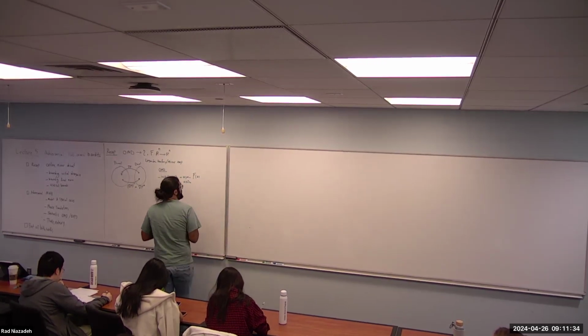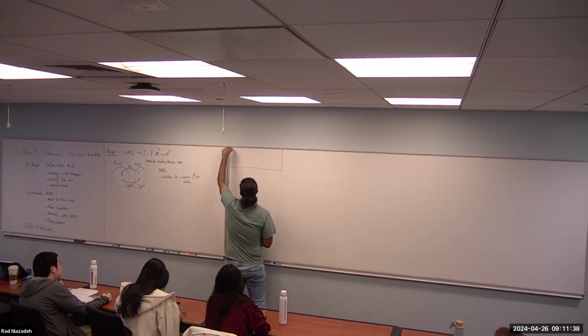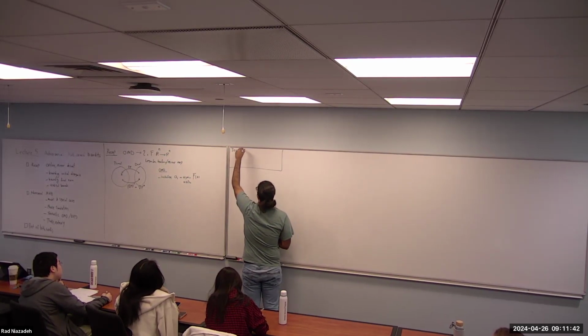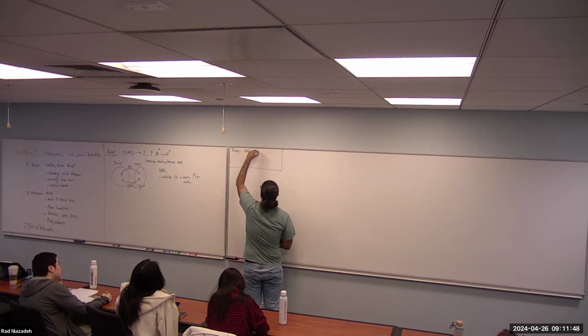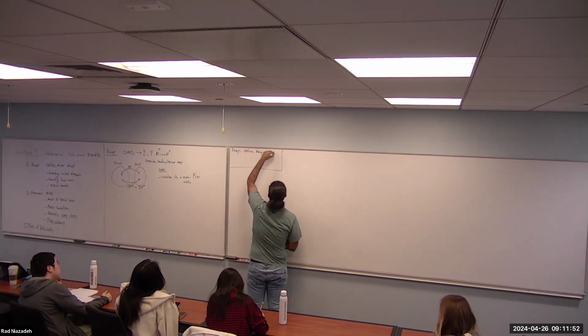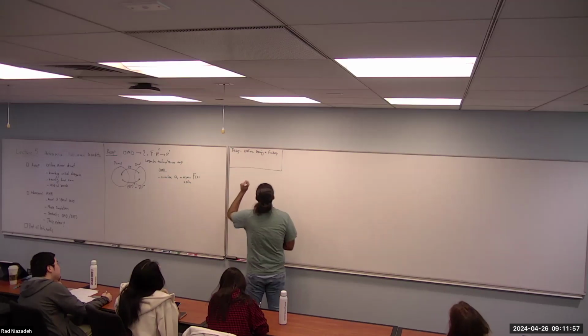And for the sake of this lecture, today we are thinking about online learning with finitely many arms, which is a special case of online linear optimization, which is a special case of online convex optimization.